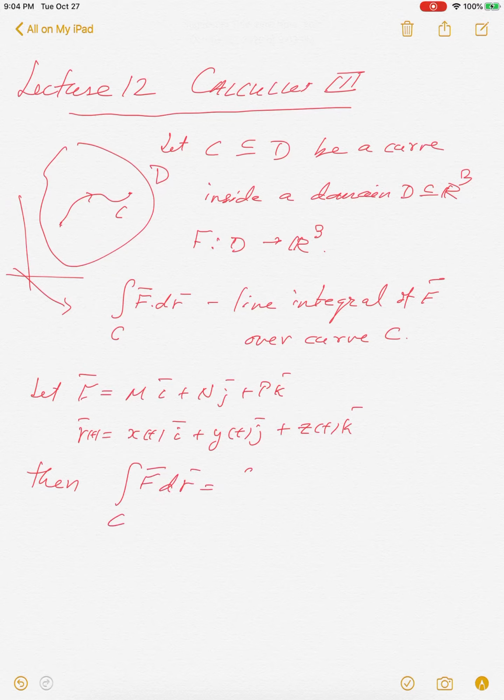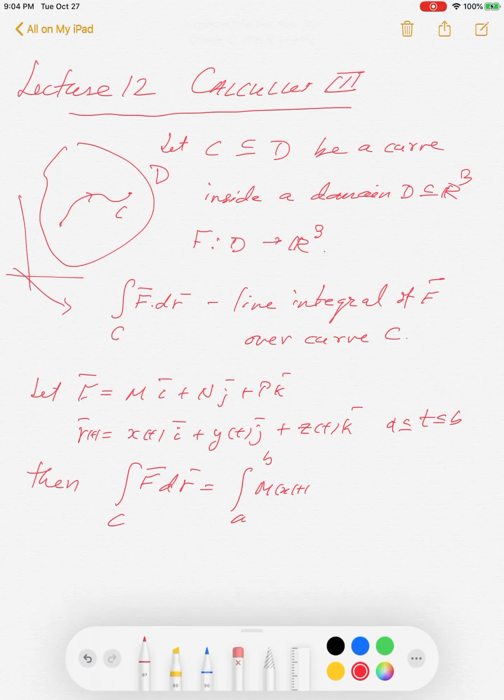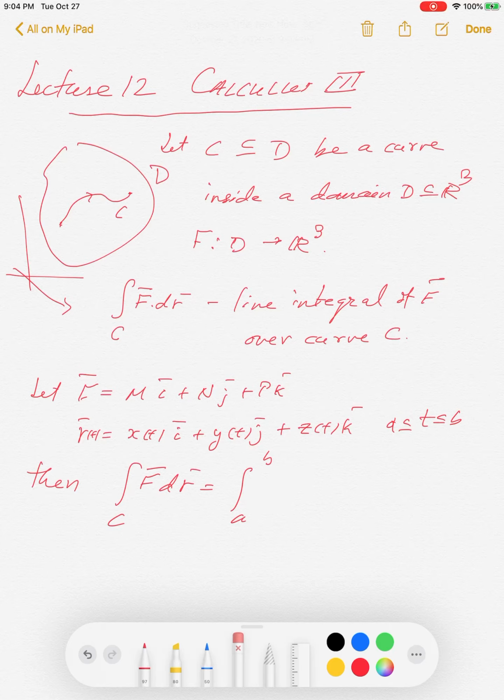Then we proved that this quantity is exactly the integral, and let's take t between say a to b, from a to b of m(x(t), y(t), z(t)). M, n and p are functions of three variables. That goes without saying, so I don't want to write down the variables, otherwise it becomes too long. So I will just write it as m x'(t) plus n y'(t) plus p z'(t) dt.